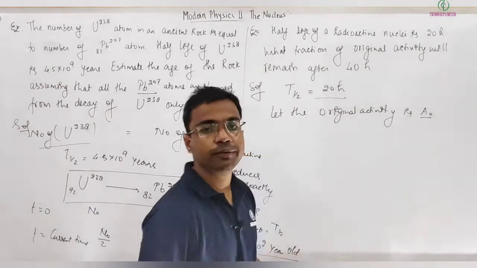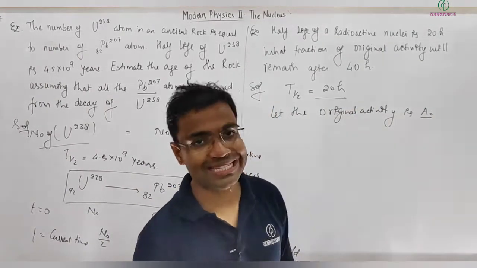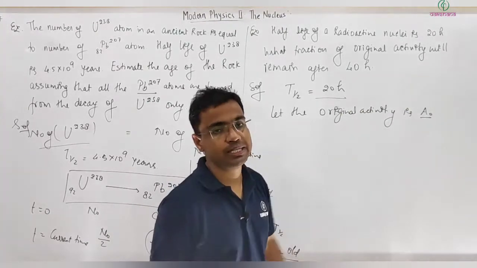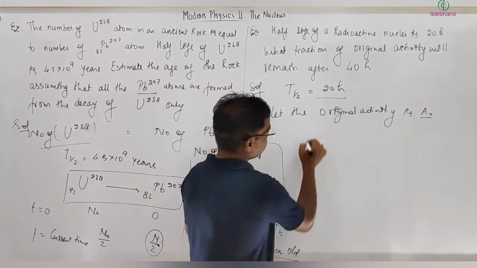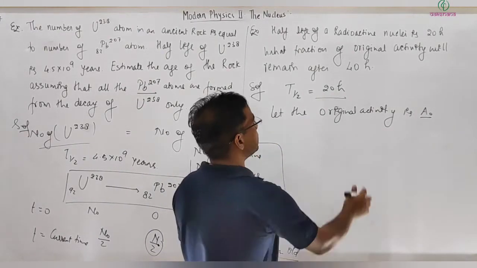Here you should remember the formulas that we discussed in the last lecture, because it's based on exactly that. So you should remember the formulas. Then it's a straightforward, easy problem.